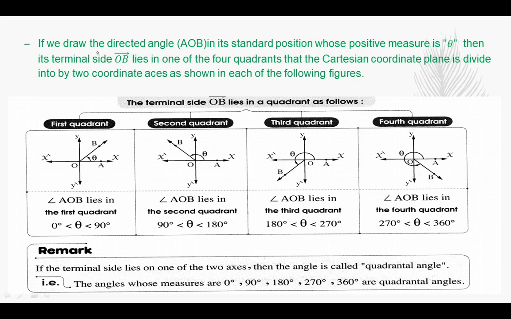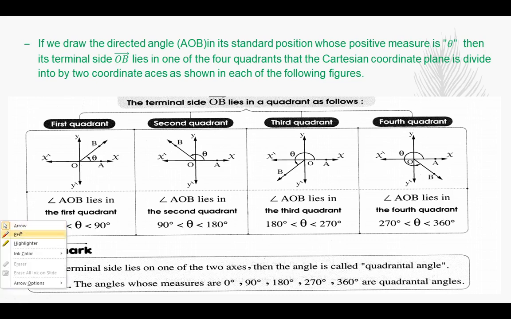If we draw the directed angle AOB in the standard position, whose positive measure is theta, then its terminal side OB lies in one of the four quadrants that the Cartesian coordinate plane is divided into by the two coordinate axes, as shown in each of the following figures.